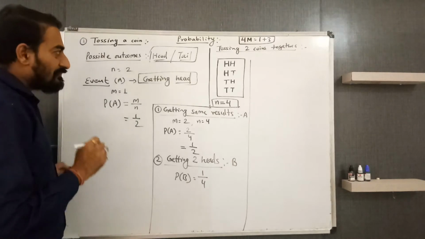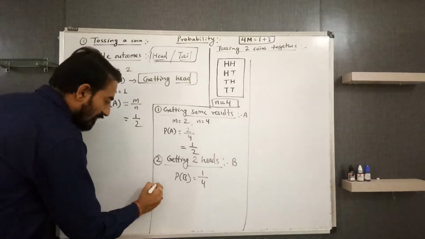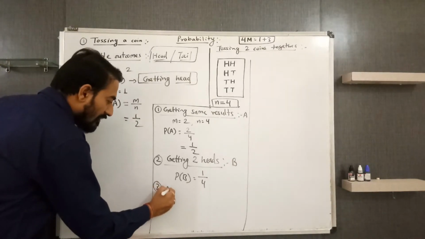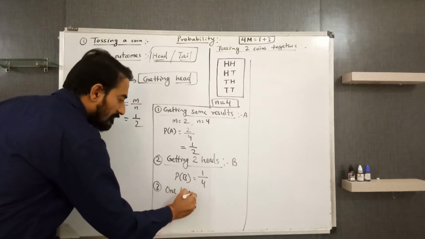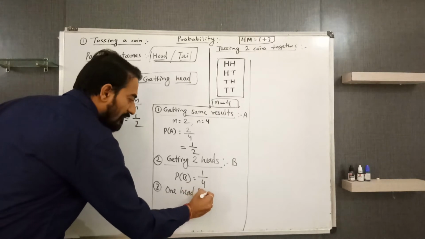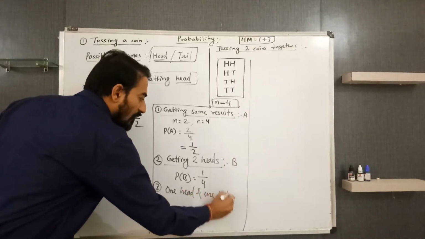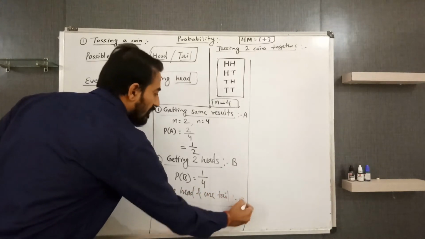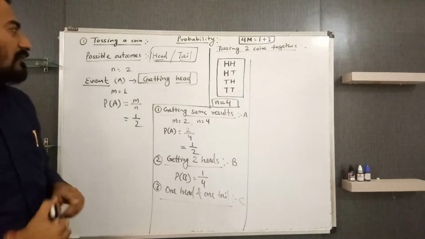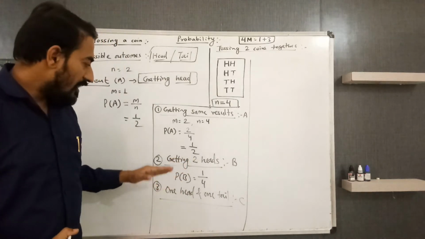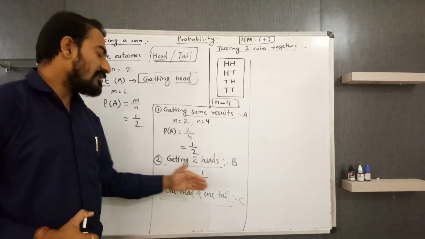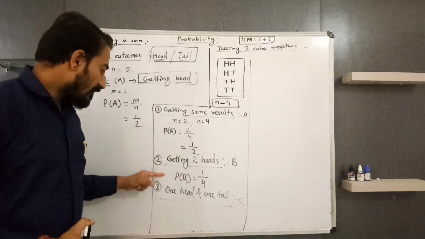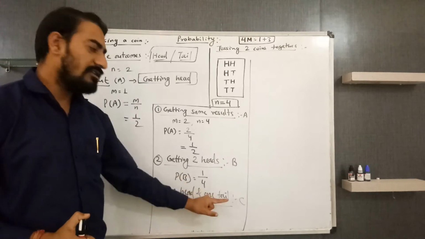Next, third, if we take one head and one tail, what about it? Name it event C. One head and one tail. See, there is a lot of difference between first head and second tail, and one head and one tail.